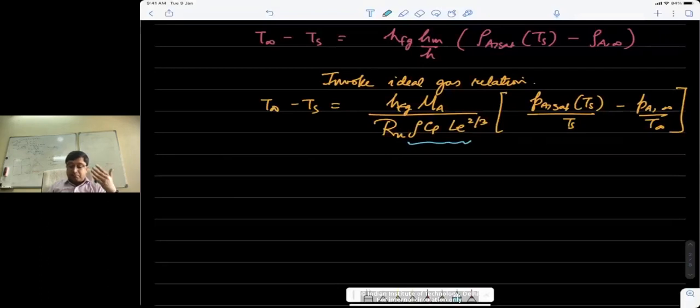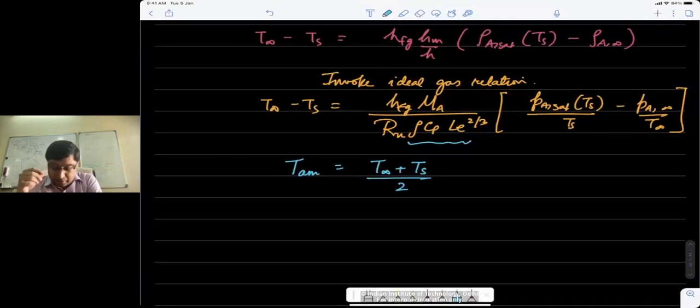So you need to see which temperature should be taken. Typically, the temperature taken is the arithmetic mean of the two temperatures. So you take the properties at T infinity plus Ts by 2, the mean temperature.